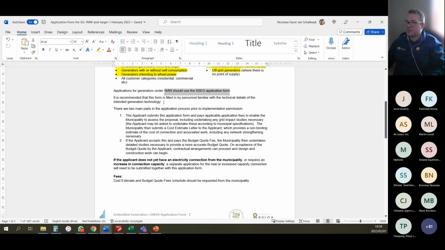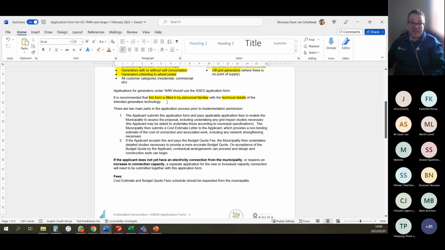And then I think this is something that we've picked up, which is quite an important concept, is that whoever fills in this form really needs to be familiar with the technical details to do it. Now, Mark and I had a discussion about maybe we should require a PRNG to fill this in and to give their details up front, because there are some engineering concepts which a standard admin person won't know.